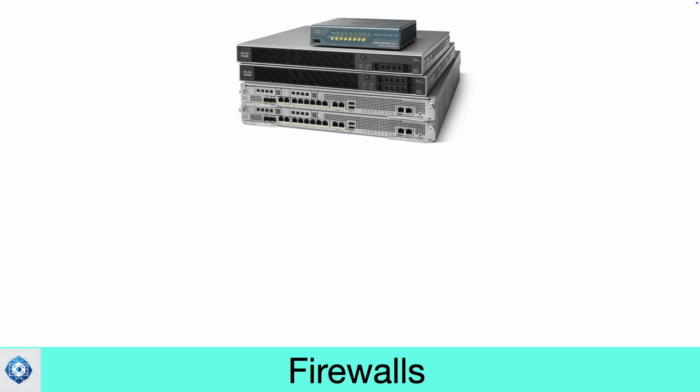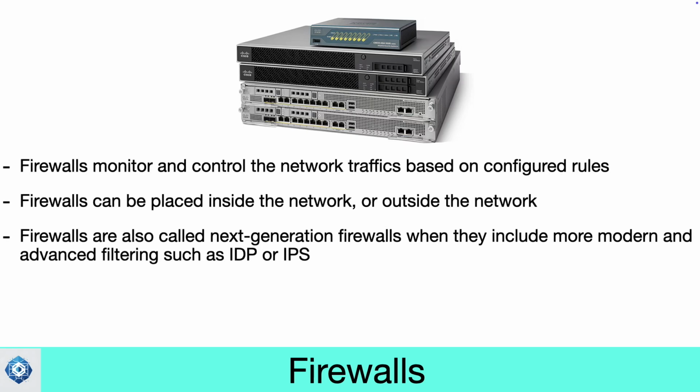Similar to routers and switches, you can see here that there are hardware firewalls that you would put up in your network physically, using cables and connecting them together, and these firewalls are really there to monitor and control the network traffic based on the configured rules that you put in.